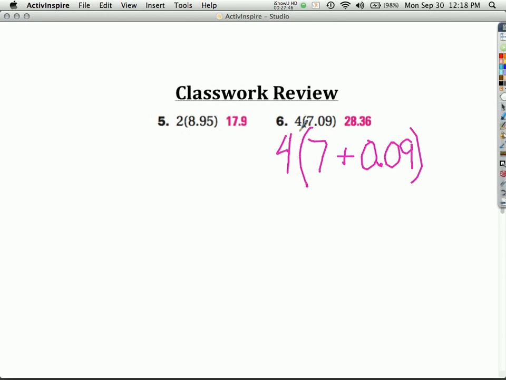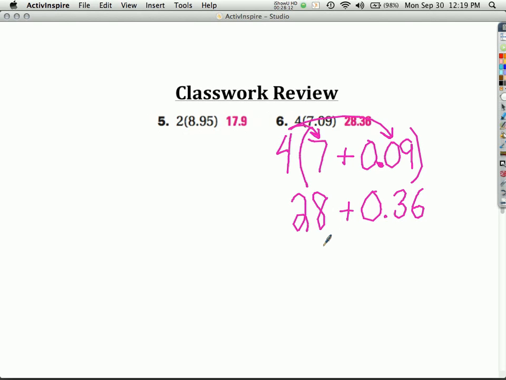So when you distribute, 4 times 7 is 28. I know that 4 times 9 is 36. But then there's 2 decimal places, 1, 2. So I know that that's going to be 0.36. And then you add them together, and you get 28.36.